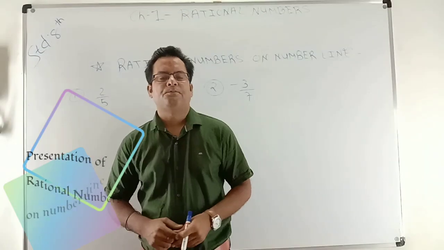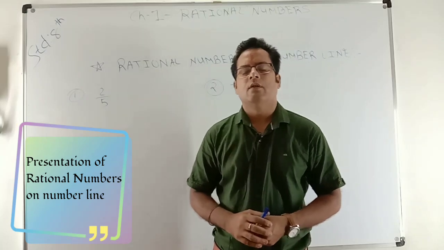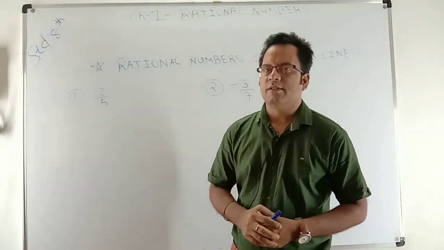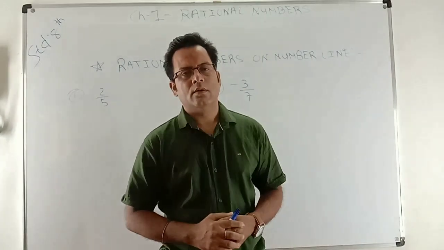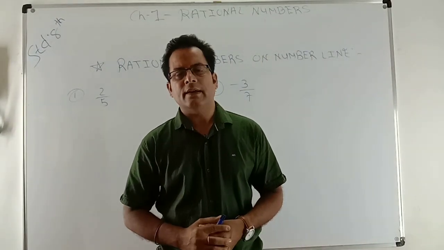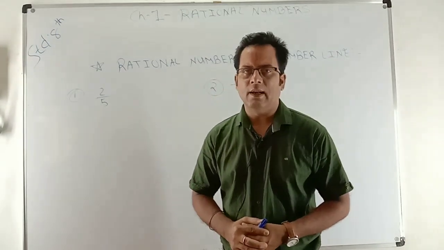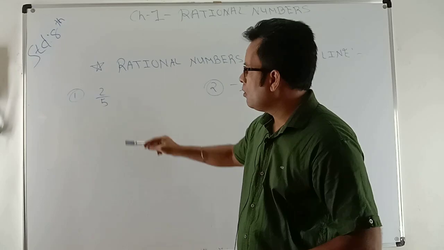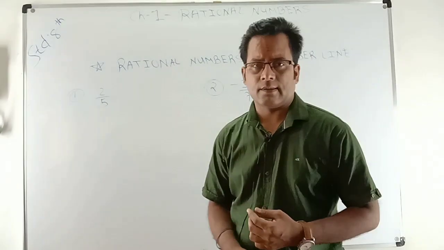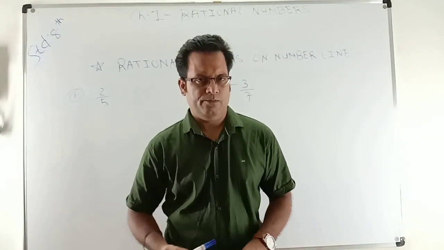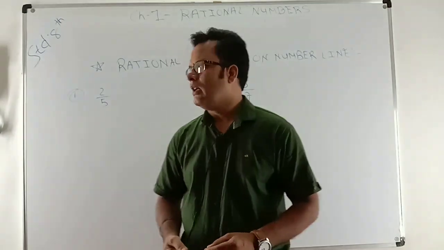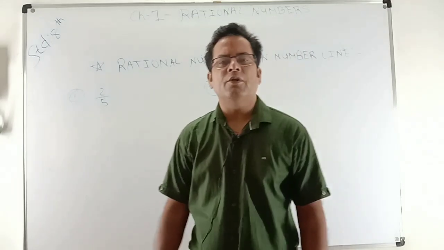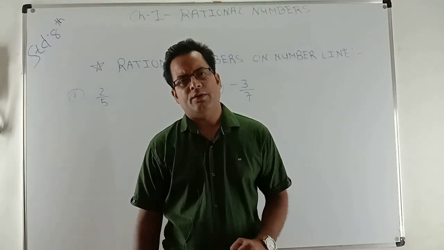And now presentation of rational numbers on number line. Students, you already learned how to represent integers on number line in standard 7. Now, rational numbers means P upon Q on number line. Point number 1, first of all, what you have to keep in mind while doing this question?